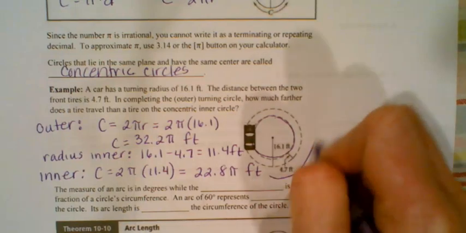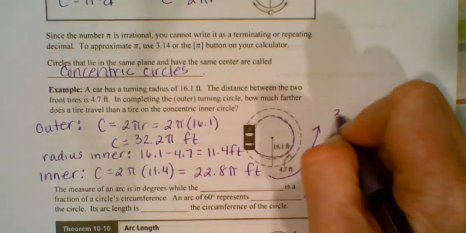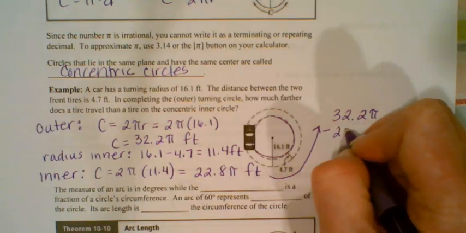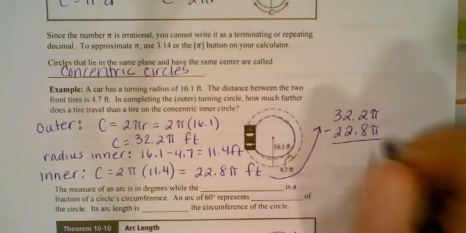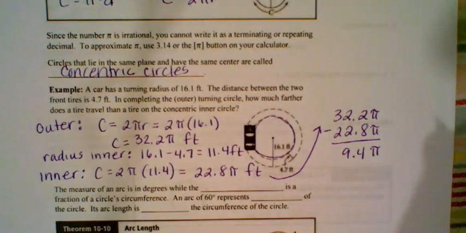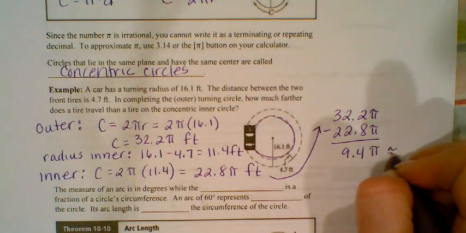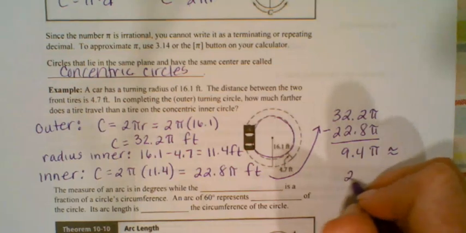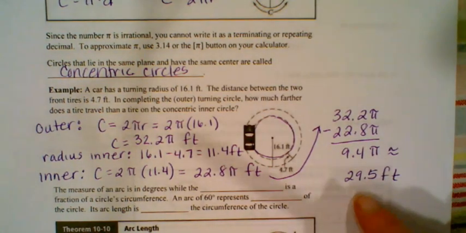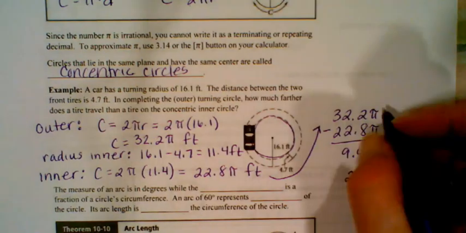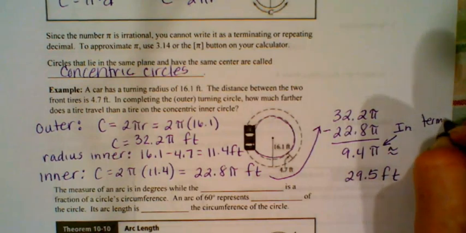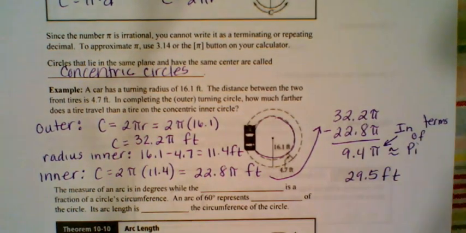Then if we go over here, we can subtract the outer circumference minus the inner circumference and get 9.4 pi, which is about 29.5 feet more distance the outside tire travels than the inside. This is what's called leaving your answer in terms of pi.